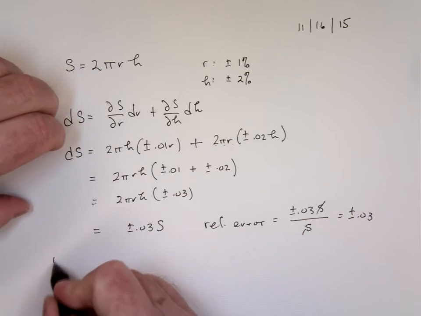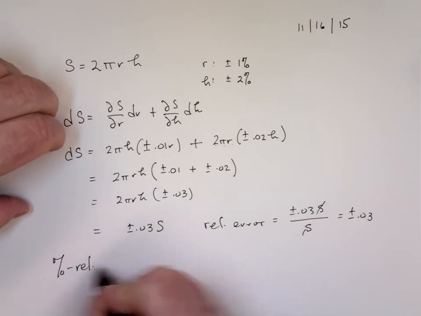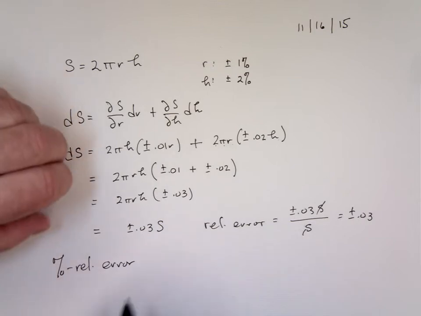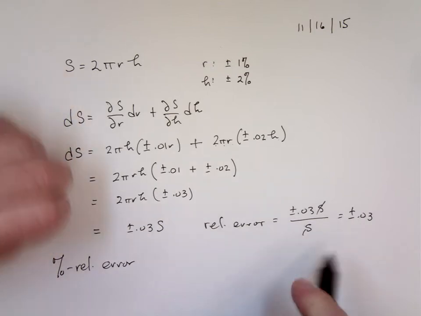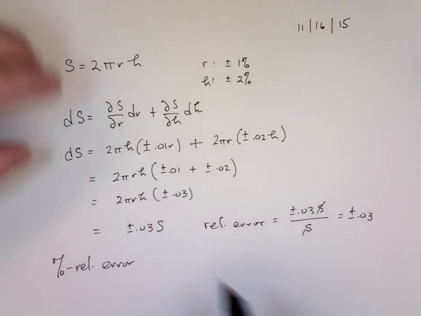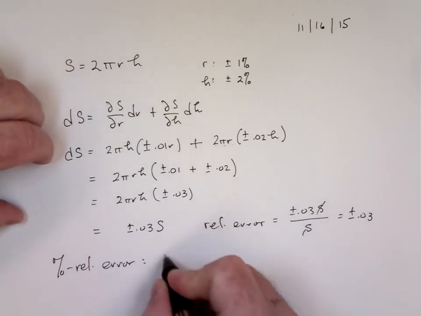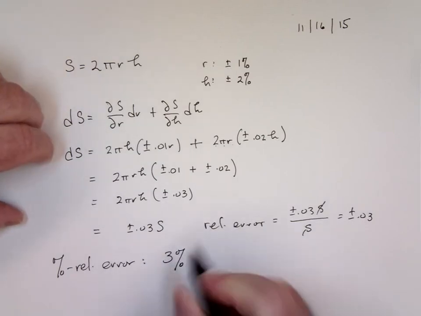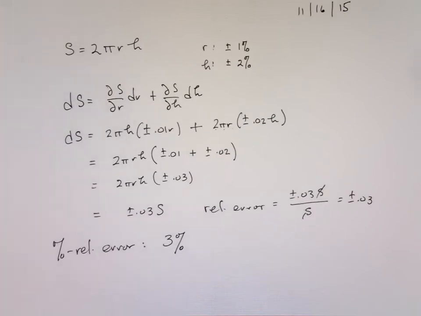The percent relative error, which is the way this is always reported, is this multiplied by 100%, and you drop the plus or minus, since it's understood. The percent relative error would be 3%. That's understood to mean plus 3% or minus 3% of the calculated surface area. Propagated error is the sum of the two errors. That's the kind of problem you're going to see.